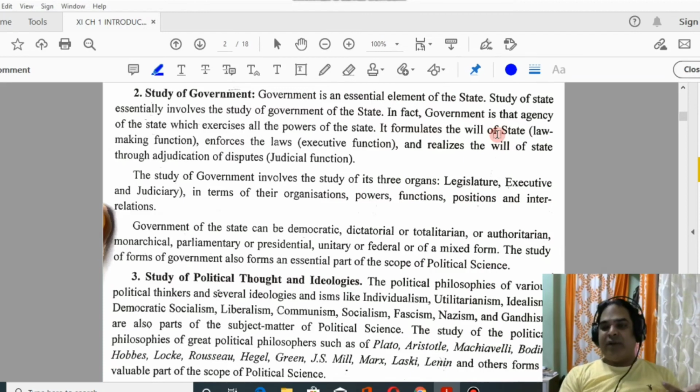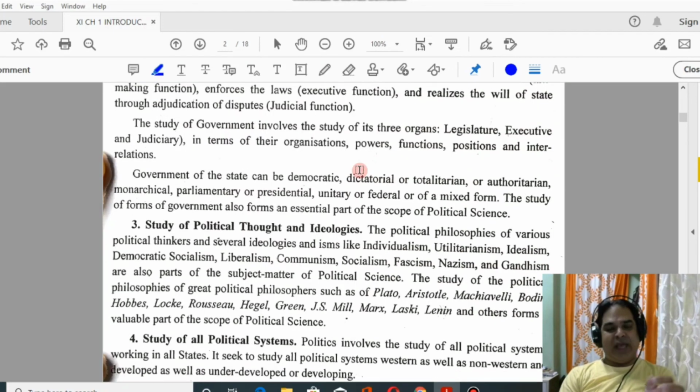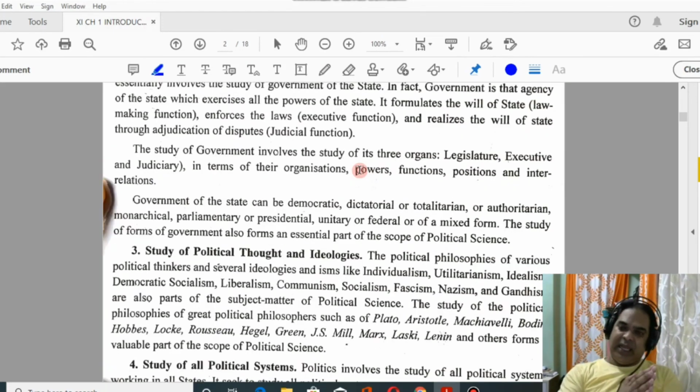So government is a lawmaking body, an executing body, and the judicial body. So the three organs of the government. Once we start on the legislature, executive, and judiciary, the study can be much larger than what we expect. The study of government involves the study of legislature, executive, and judiciary.